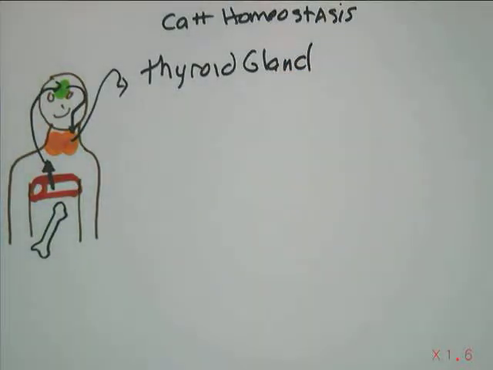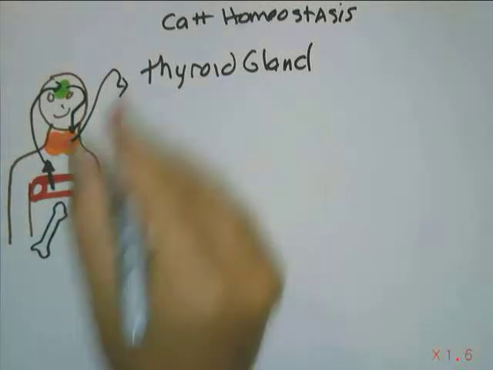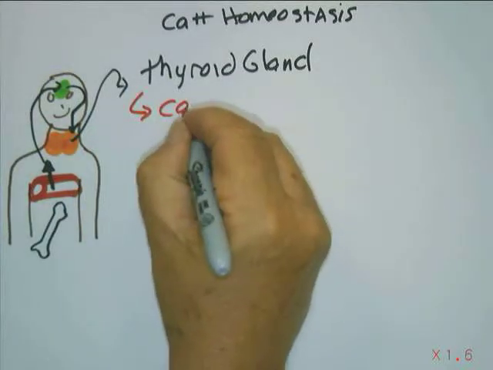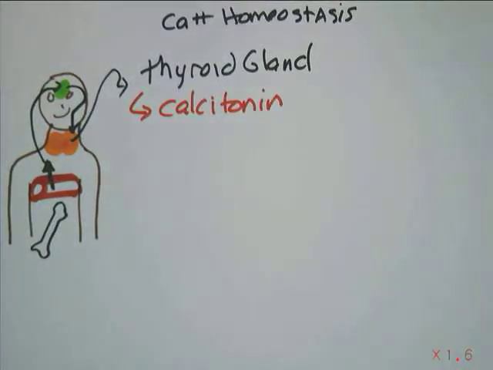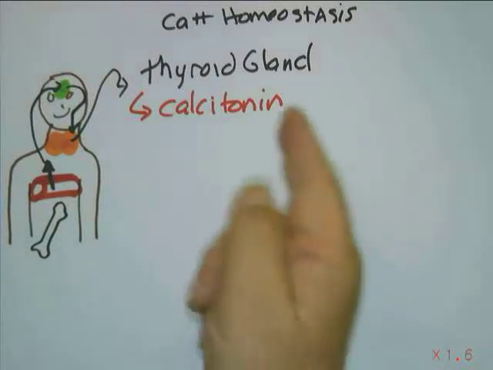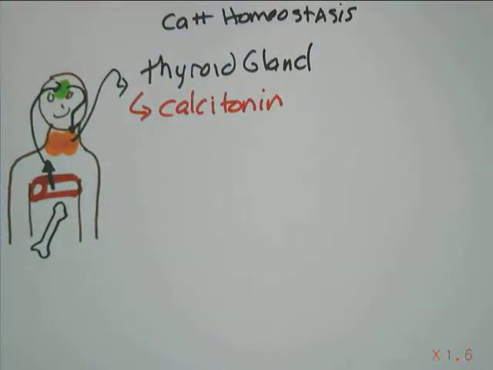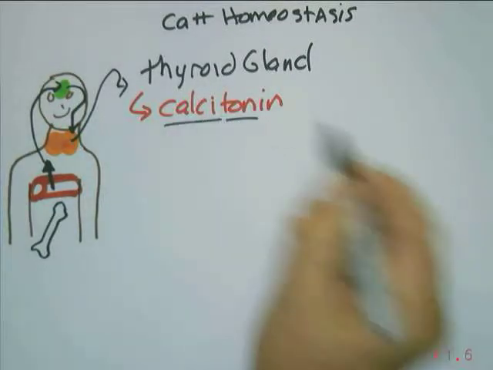The thyroid gland, when it is stimulated, will secrete its hormone called calcitonin. Now remember, the trigger for calcitonin is too much calcium in the blood. You can remember it as having a ton of calcium in the blood.